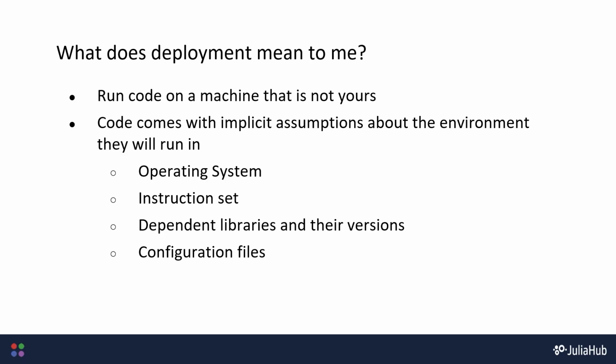The reason is that every piece of code that you write always has implicit dependencies and assumptions about where it was developed and how it was run. Certainly obvious things like operating systems, but also the instruction sets, not just ARM versus x86, but even within x86, the actual CPU features that you have.